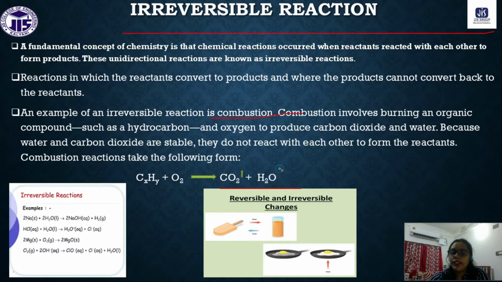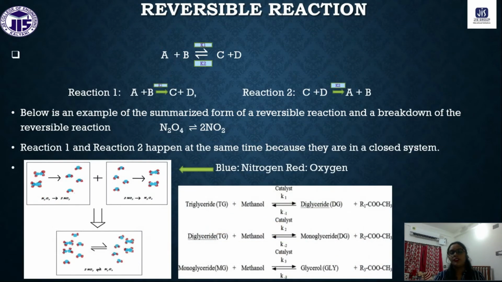That is why it is called an irreversible reaction. In a unidirectional reaction, the reactant molecules collide with each other and form the product, but from the product we cannot get the reactant again. Now one more thing I have already told, before the reaction what will happen.